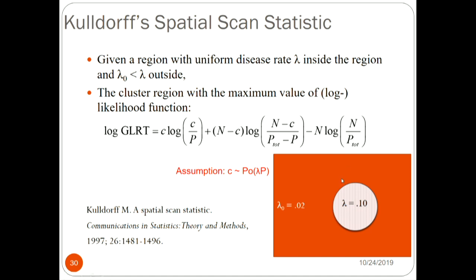So compared to the one-dimensional time interval, now we extend the results to the two-dimensional spatial case, if the study area is on a map, and the data can be aggregated by, for example, zip code or census tracts.